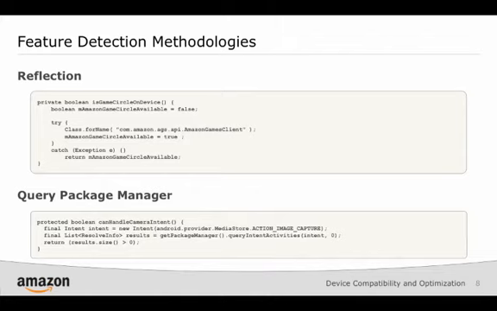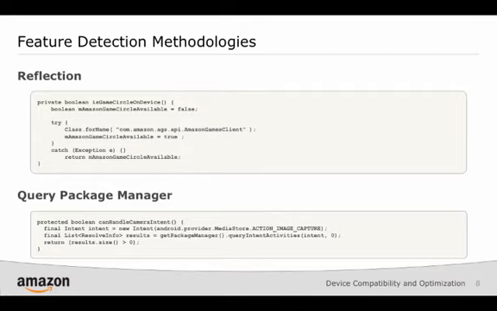You can perform feature detection in several different ways, such as performing reflection, querying the package manager, or checking the result of convenience methods. For example, you can check if Game Circle is an available service on the device by querying class for name on the Amazon Games Client class. Similarly, an app may want to determine if a camera intent is available.